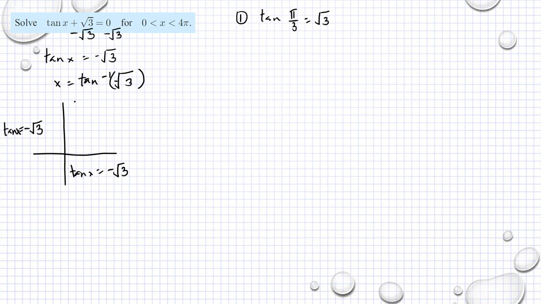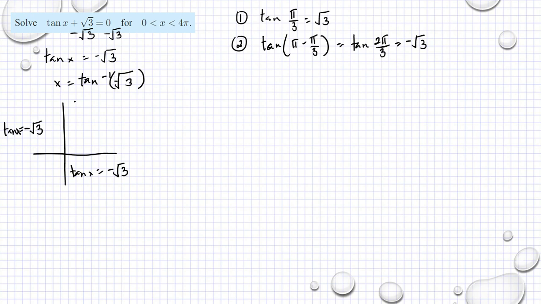For the second quadrant, we have tangent of pi minus pi divided by 3, and that is tangent of 2 pi divided by 3, equal to negative square root of 3.